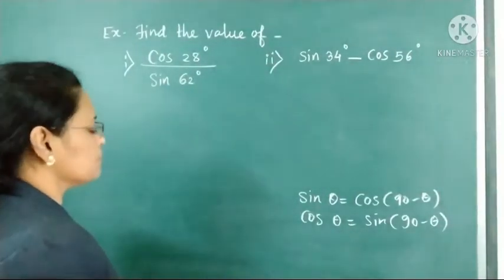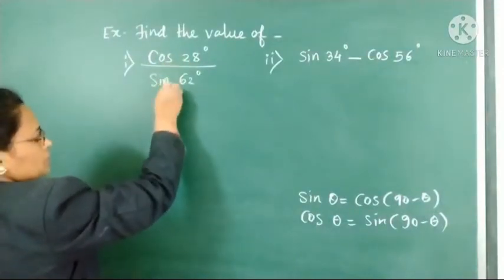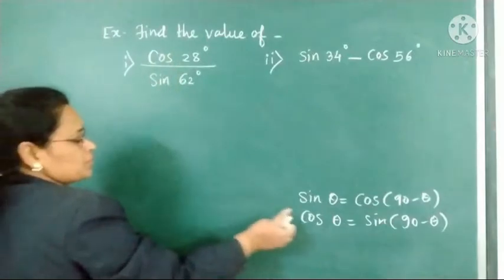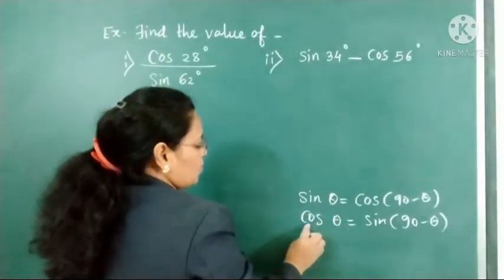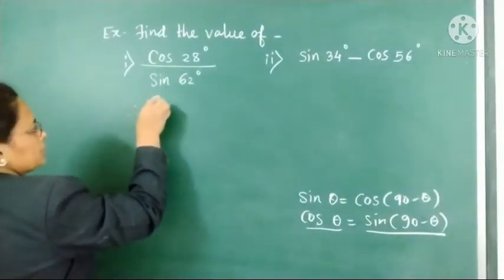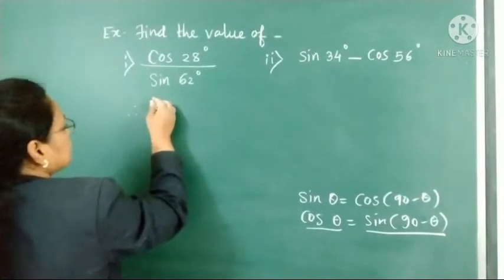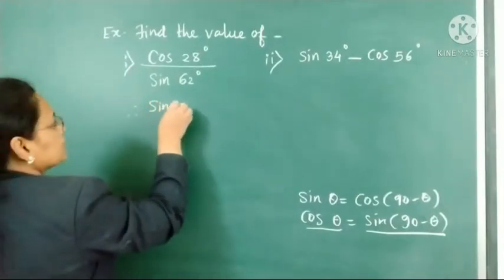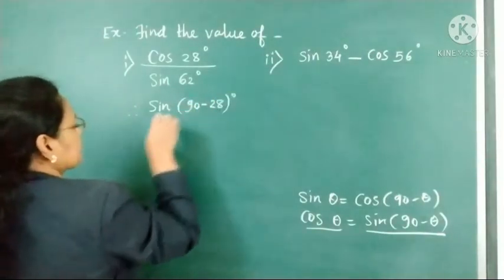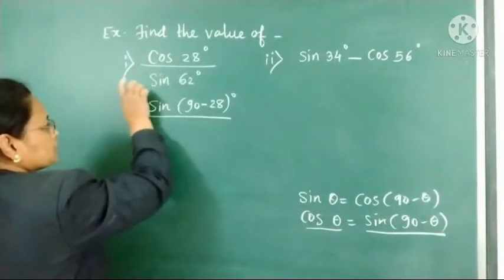Let's use them here. So here you can convert the cos ratio to the sin ratio or the sin ratio to the cos ratio. Let's convert the cos ratio into the sin ratio. So cos theta is equal to sin 90 minus theta. Therefore in place of cos we can write sin 90 minus 28 upon sin 62 degree.